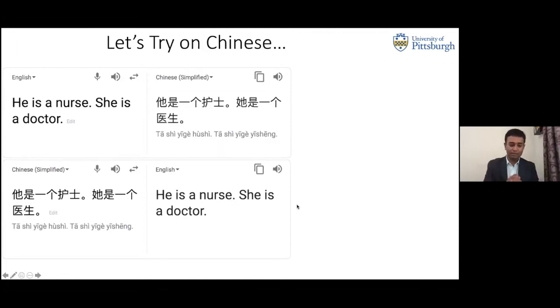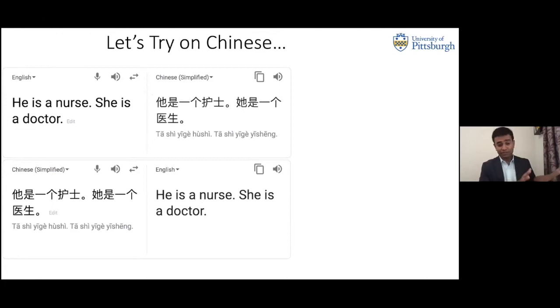I have verified with my Chinese friends that in Chinese, he and she are represented by different characters. Even if you don't know Chinese, you can visually verify that this character in the beginning is slightly different from this character. So then we are confident that this is actually the source of bias.